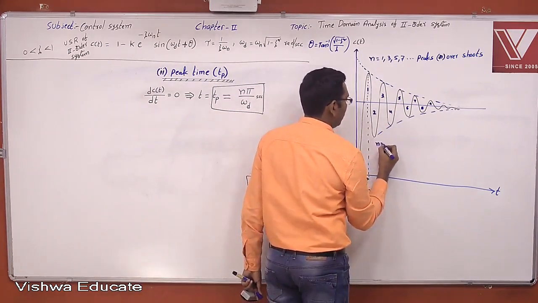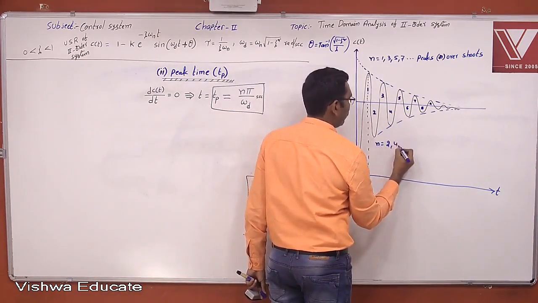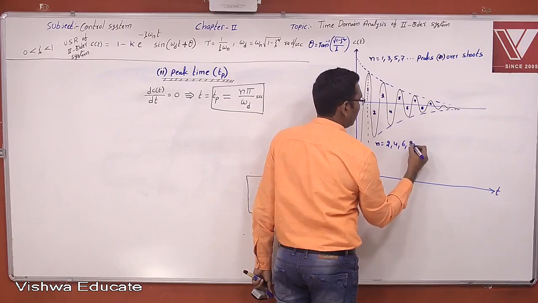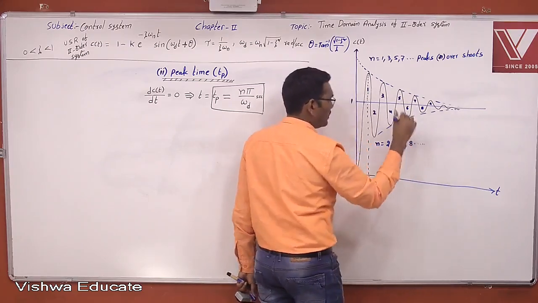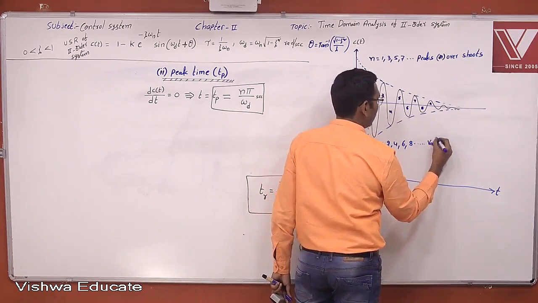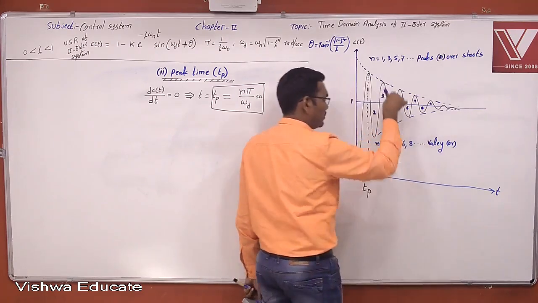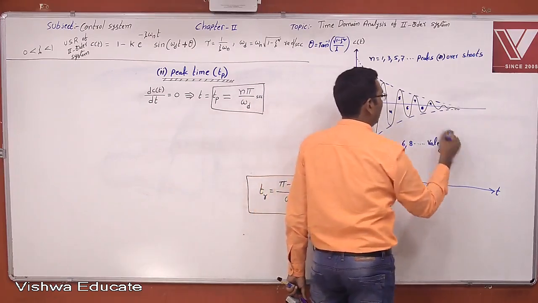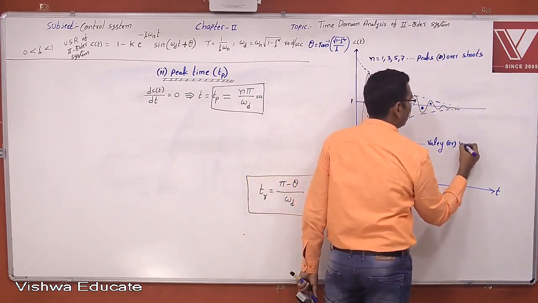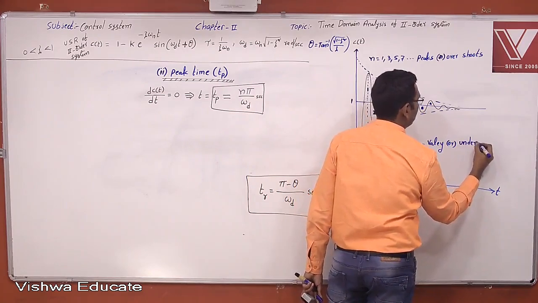Next, n equal to 2, 4, 6, 8 and so on are the valley points, the points below the steady state level.